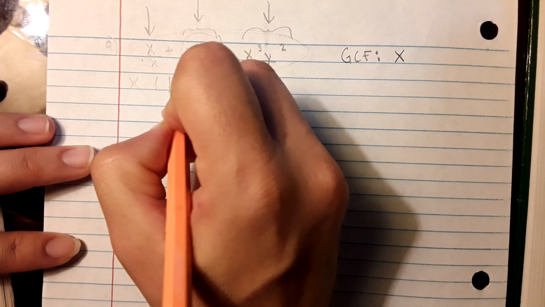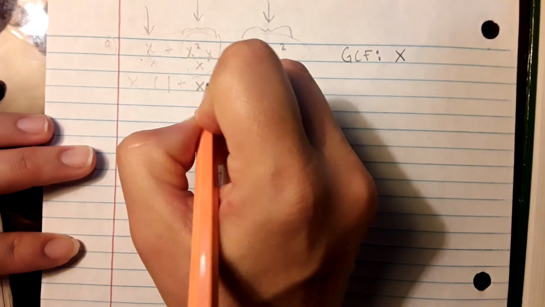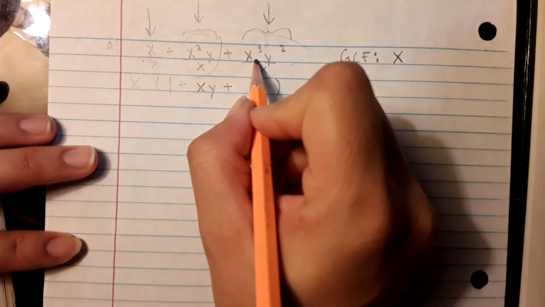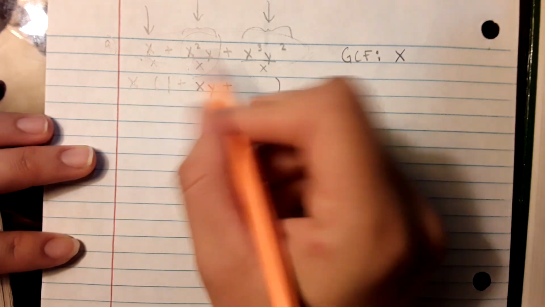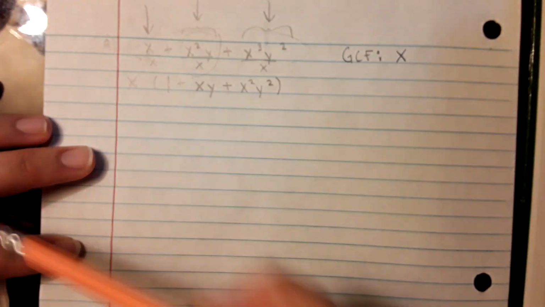In our second term, I had x squared, I'm taking an x out. So I'm left with just x to the first and y. And in my third term, I had x to the third, I'm taking an x out. So I have x squared y squared.